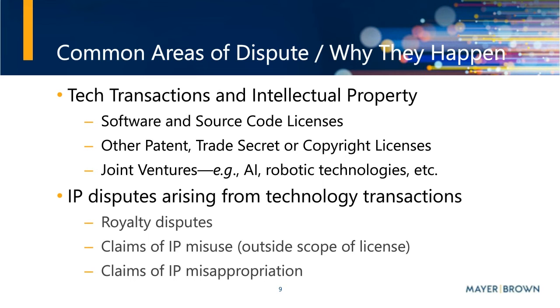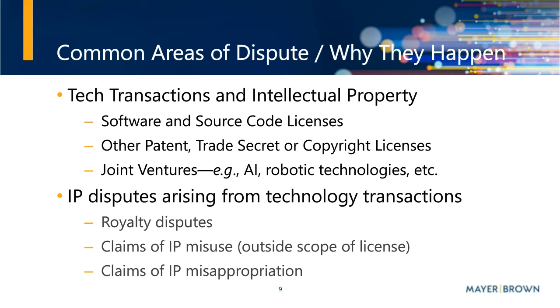A second category of IP disputes that arise in technology transactions involve claims of IP misuse. In other words, the IP owning party claims that the other party used the relevant intellectual property outside the scope of the license in ways that weren't contemplated or authorized by the license.